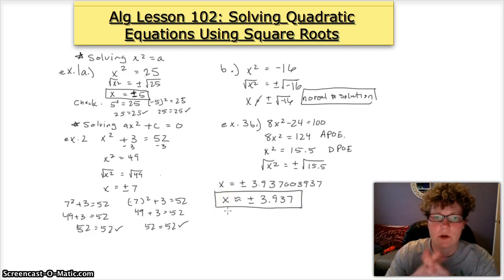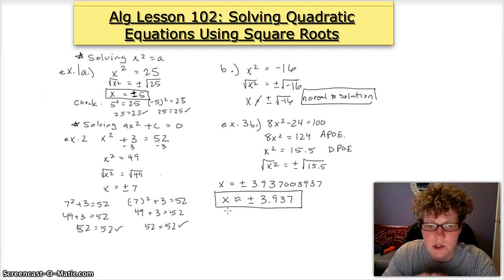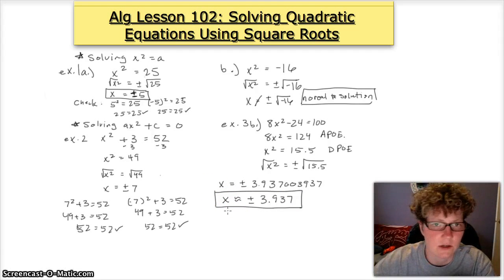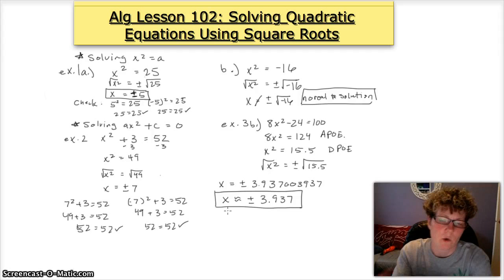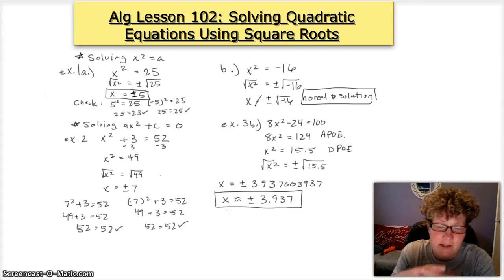So there are 4 examples to get started with for the practice in your lesson on how to solve quadratic equations. A quadratic equation, again as a review, has an x squared term in it. And this time we're using a square root in order to find the roots or solutions to the quadratic equation.